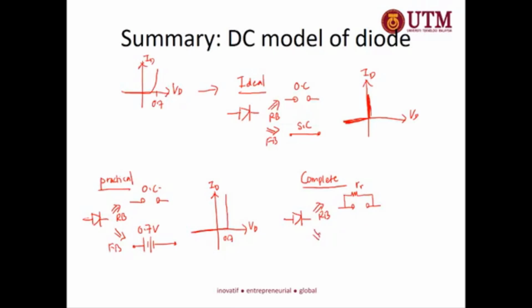And in forward bias, we have a 0.7 volt source with an on-state resistance.